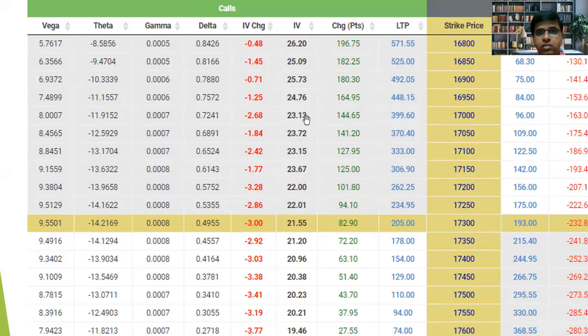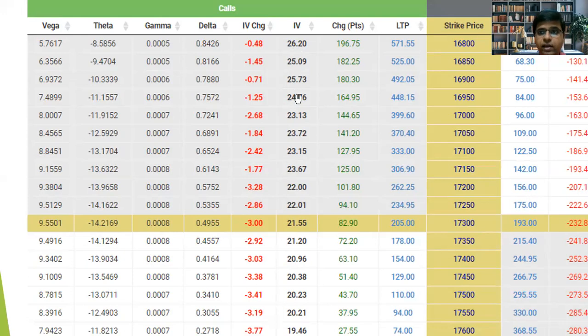You can see this IV column. The IV of the 16,800 strike price is 26, whereas for the 17,000 strike price it is 23. Similarly, for 17,300, which is the ATM strike price, the IV is 21. And as we move upwards, say the 17,600 strike, the IV is 90.